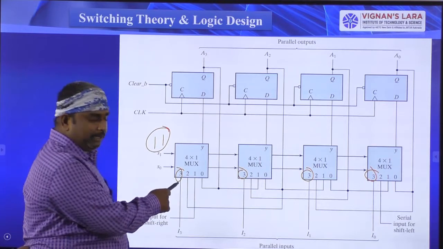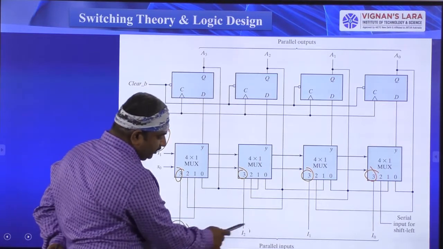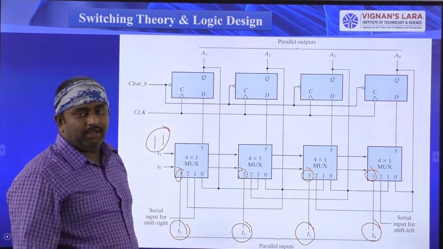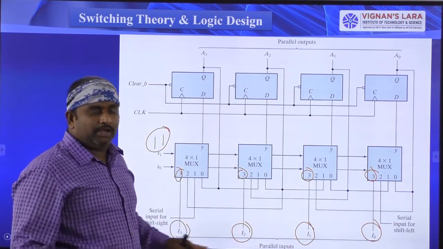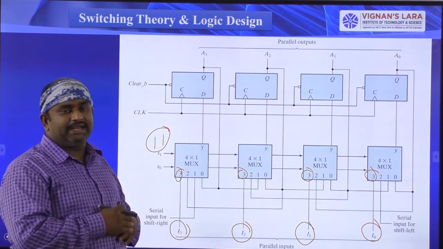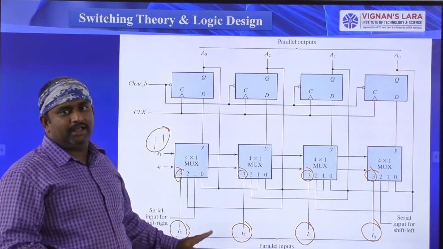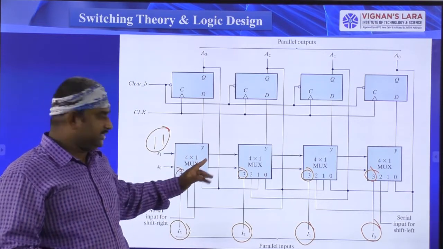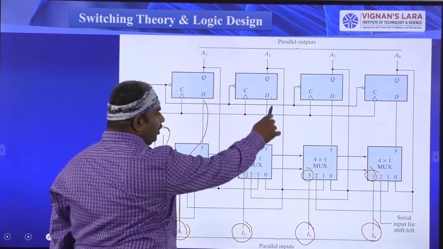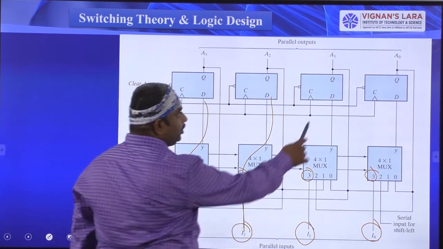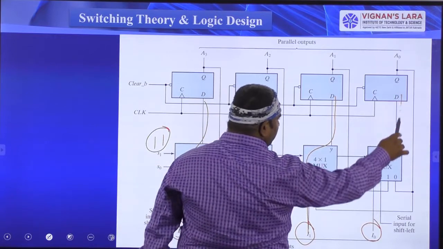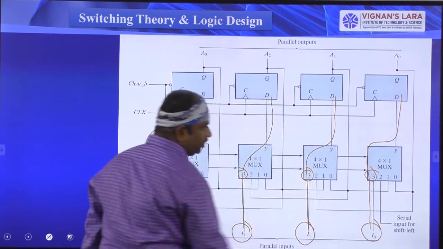This 3 pin representation here is I3, this is I2, this is I1, and this is I0. So the 4 inputs represent I0, I1, I2, I3. Parallelly we are giving the data to the muxes. The output Y is directly connected to I3, the output Y is directly connected to I2, the input of the D flip-flop is connected to I1, and the input of the D flip-flop of this one is connected to I0.